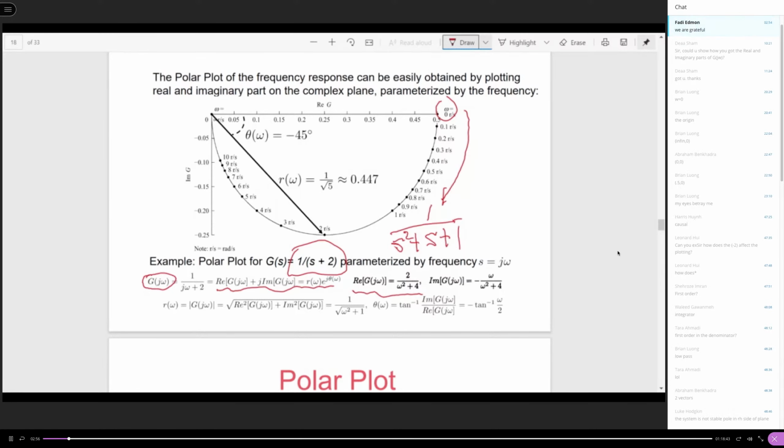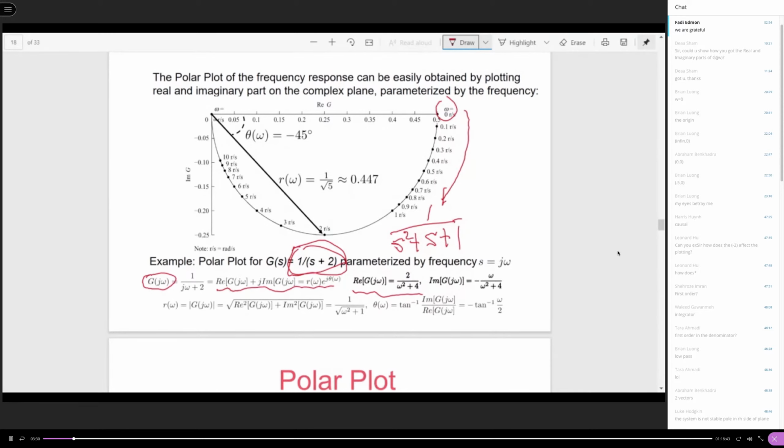At that time, we learned a lot of rules to try to predict the shape. But nowadays, I don't think it's necessary, just because of the convenience of MATLAB. You have MATLAB to help you, so you just get the shape, whatever it is. But you cannot say this is always a semicircle. The semicircle is only for this transfer function.